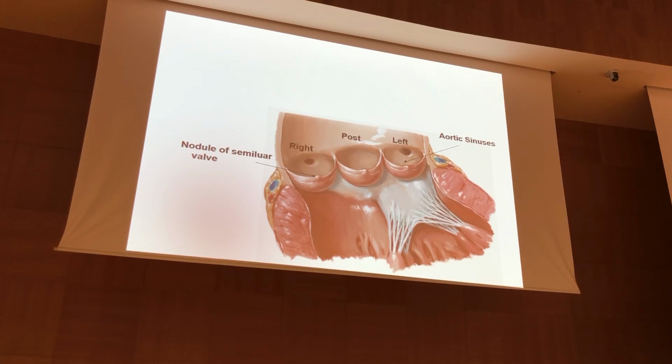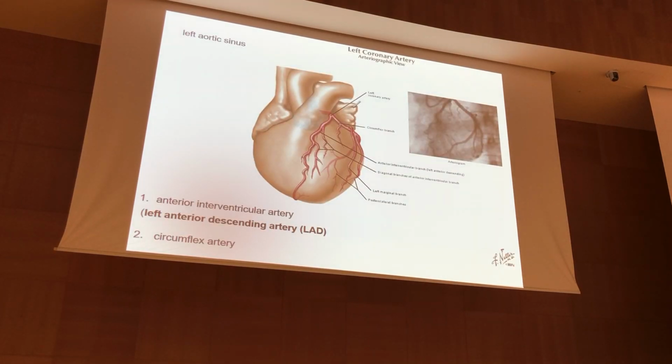the aortic sinuses. Let's start with the left coronary artery, as you're going to see here. The left coronary artery, as soon as it emerges from the aorta, is going to divide immediately into two arteries.